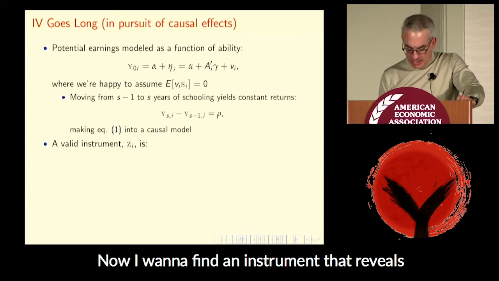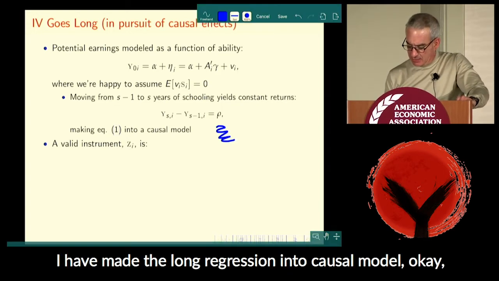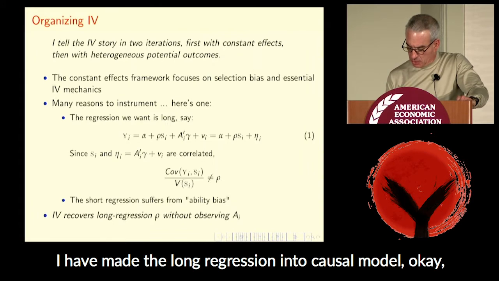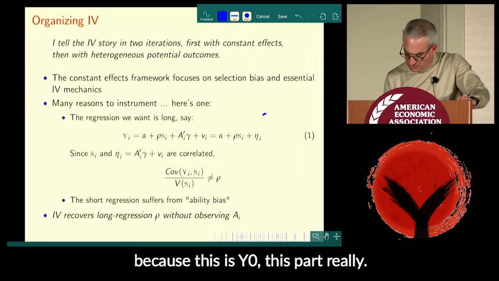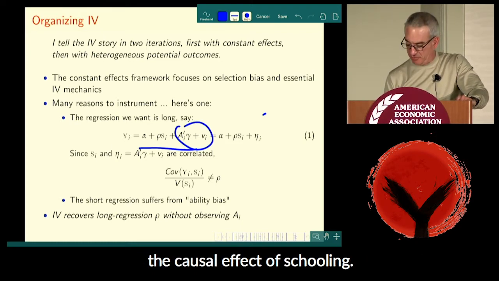Now, I want to find an instrument that reveals this causal effect. I have made the long regression into a causal model, okay, because this is Y0, this part really. And then this is the incremental value of schooling, the causal effect of schooling.